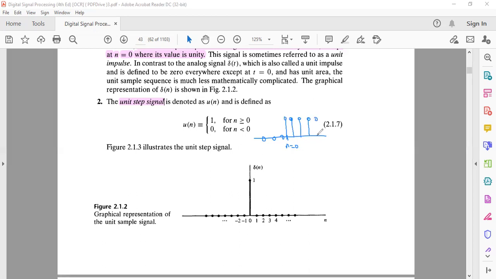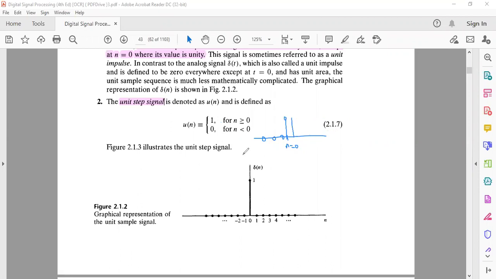0 for all values below 0. This is 1, 2, 3, 4. This is n equal to 4 onwards, but everything else is 1 above 0, and is also 0 below 0 for the value of n. That is the unit step signal.